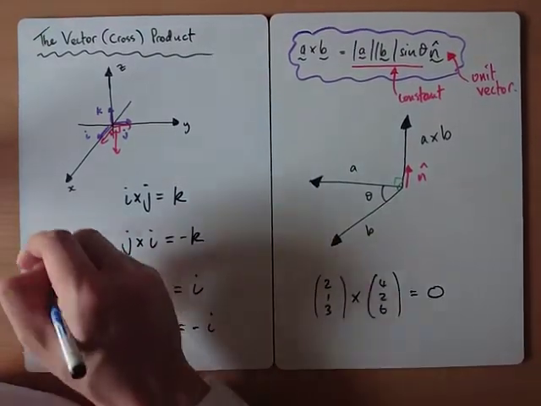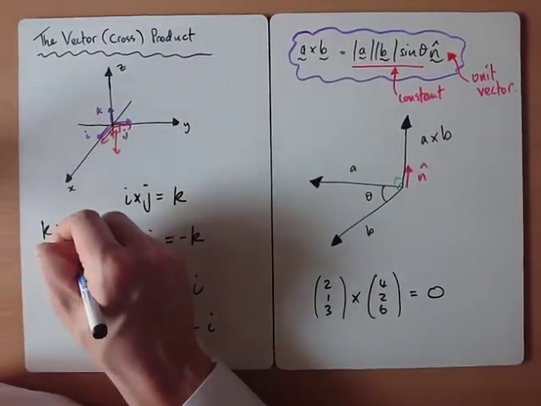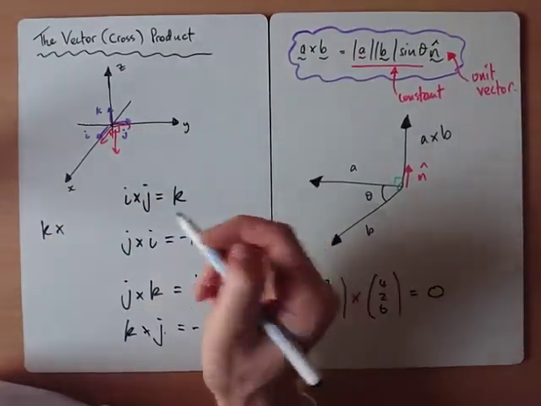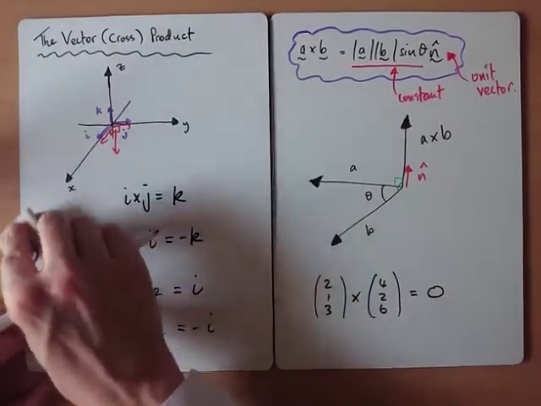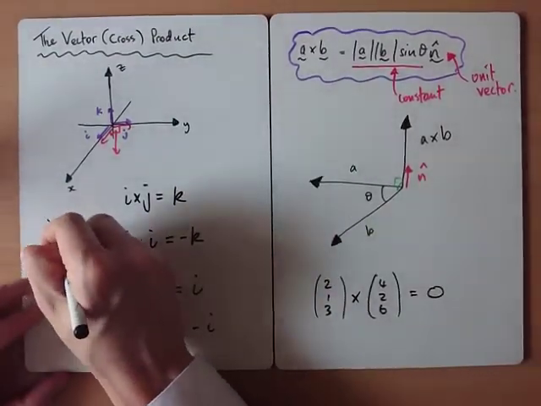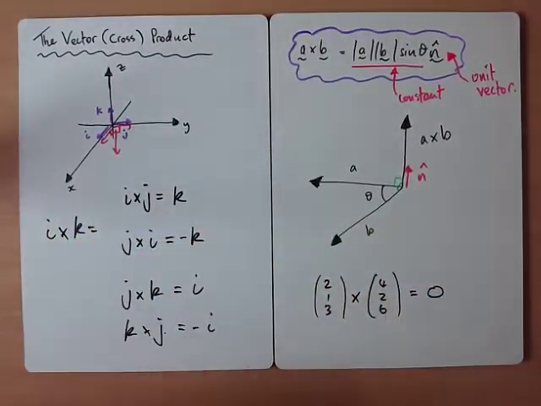Okay, and similarly, if we do K cross I, it makes sense if I did I cross K, wouldn't it? I cross K. What would that give us?